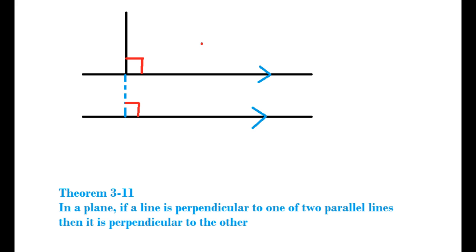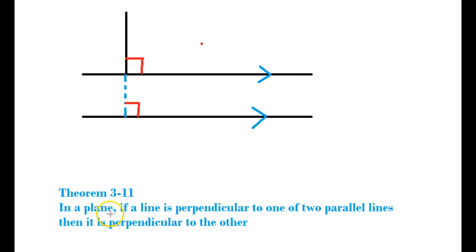But before we go to the problem, it tests the second idea that comes from chapter 3, which is this. If you have two lines that are perpendicular, and you have a parallel line to the original line, then it's also perpendicular.